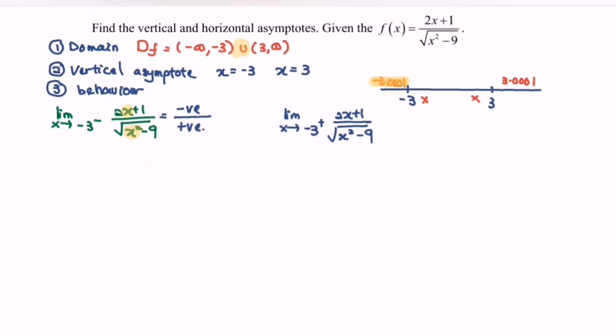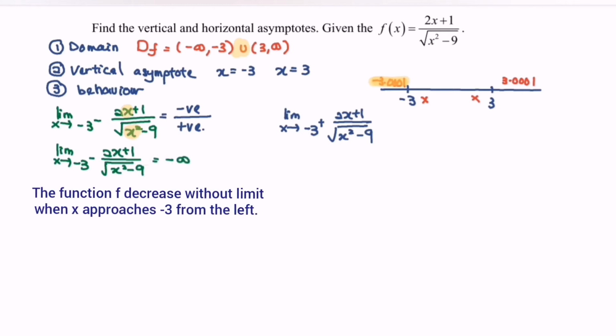As a conclusion, the limit when x approaches negative 3 from the left is negative infinity, meaning that the function f decreases without limit when x approaches negative 3 from the left.